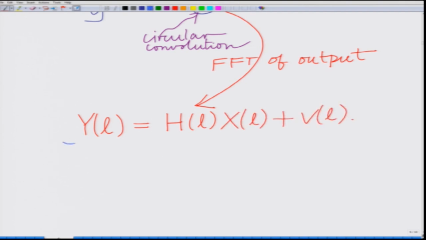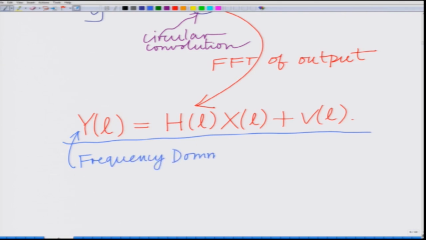Remember, this is in the frequency domain across each subcarrier L.